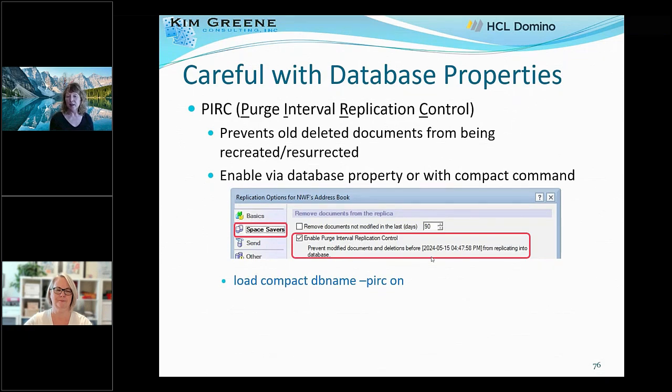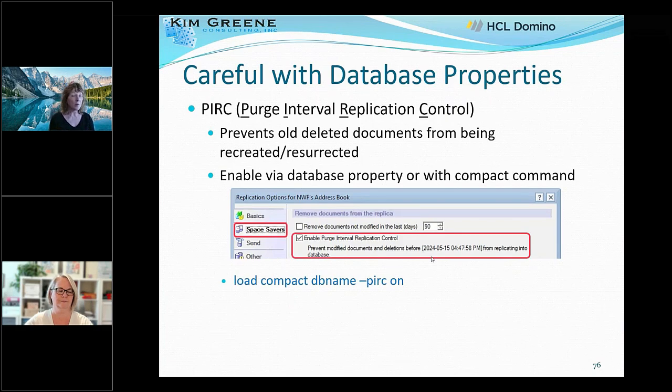And you can just set it at the database property level, shown here in the screen capture, or you can just run the compact command with -perk on. That goes ahead and sets it. But what's really key to remember is this setting will not replicate. Unlike quotas, if you have perk set on a database and you create a new replica, the perk setting will not come across.